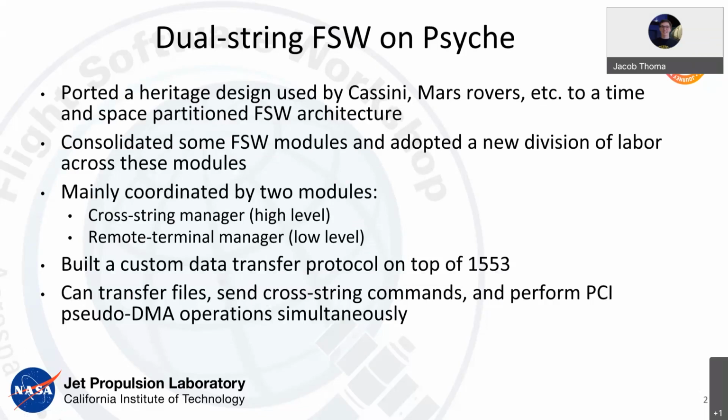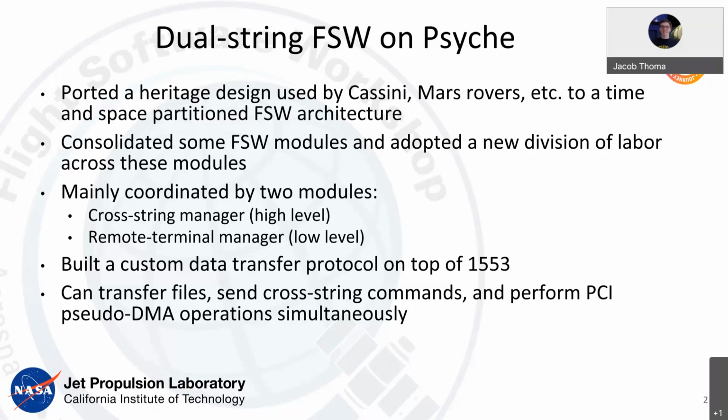It was consolidated into pretty much two modules, a higher level one called Cross-String Manager, which initiates transfers and schedules the bus transactions, and a lower level manager called Remote Terminal or RT Manager, which is more of the driver level interfaces that talk to the actual RT hardware.